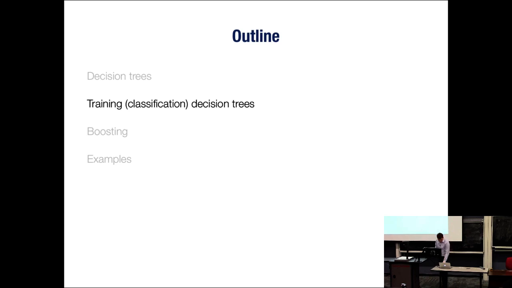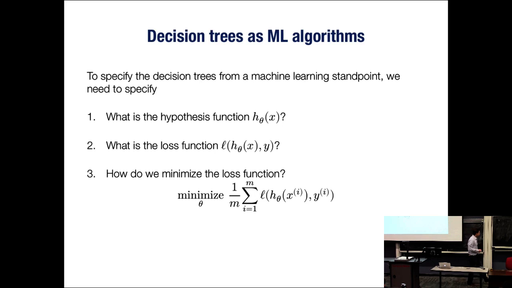Now, remember, and I think this is actually a key part, because oftentimes decision trees are treated very differently from the rest of machine learning algorithms. They're somehow in a class of their own, and they're not formulated in terms of hypothesis classes and loss functions and optimization, but they are doing the exact same thing. So I'm going to run down decision trees in the same framework we talked about before, as specifying a hypothesis class. We already saw that, actually.